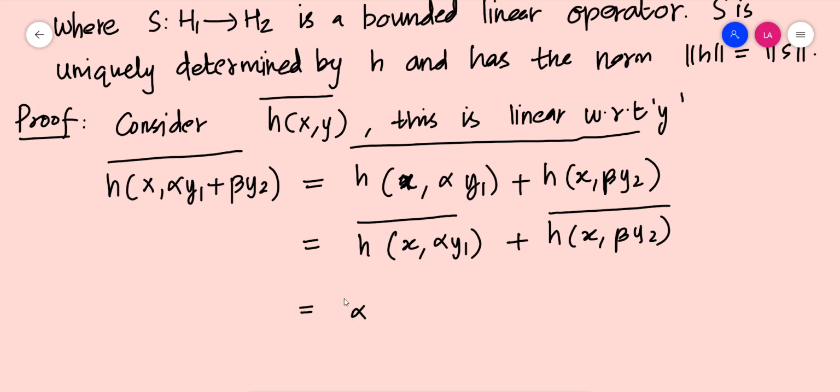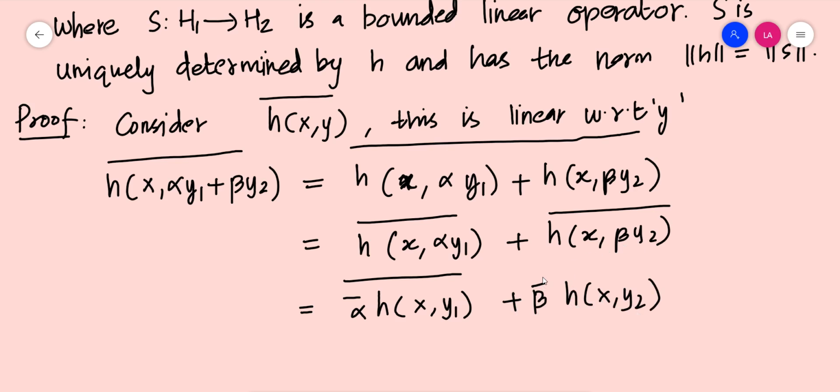So this is equal to the conjugate of alpha conjugate times h of x, y1, plus similarly we can take beta conjugate outside, the conjugate of beta conjugate times h of x, y2.